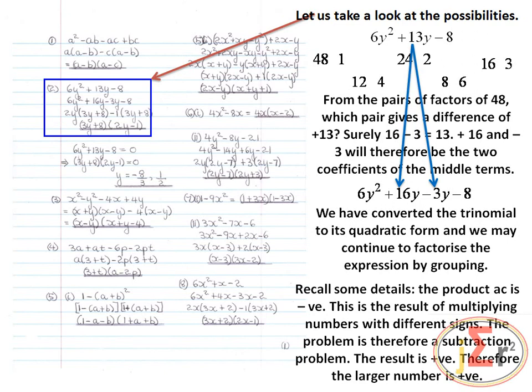The problem is therefore a subtraction problem. The result is positive. When we subtract numbers that we really intend to add, because they are of different signs, we have a subtraction problem. The result is positive. Therefore, of the two numbers that have different signs, the larger one is positive.